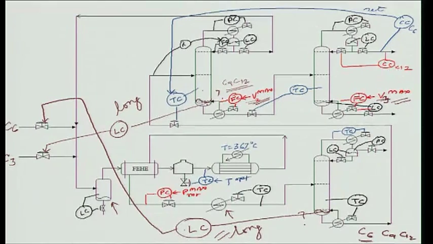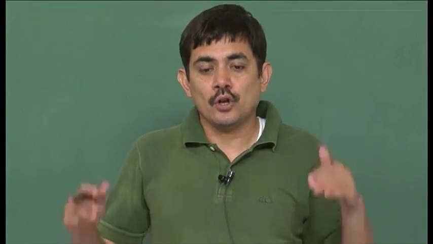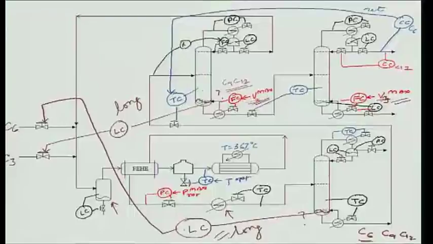Levels do not affect my economic steady state, so I would like to transform my variability as much as possible to the surge levels. This is a surge level, this is a surge level, and that is what this control system is doing. I hope this example brings out the difference in the two approaches.